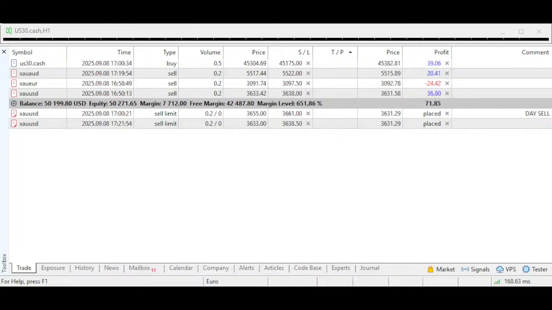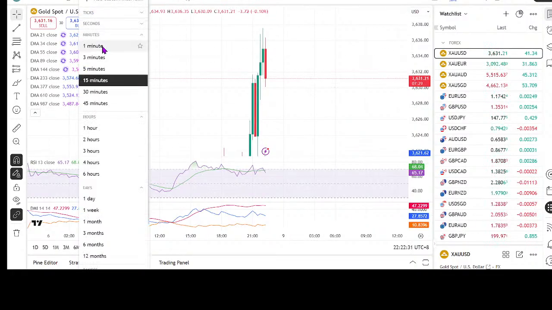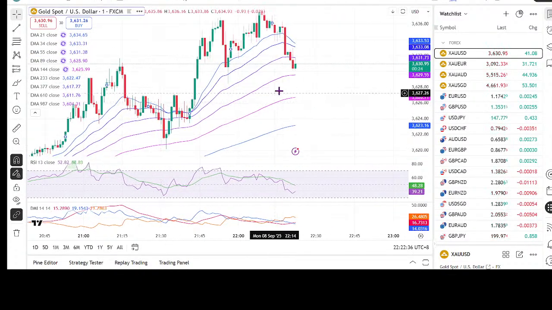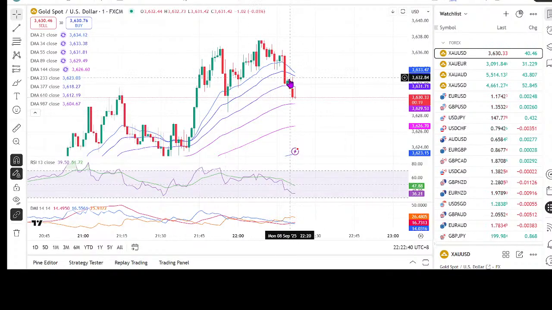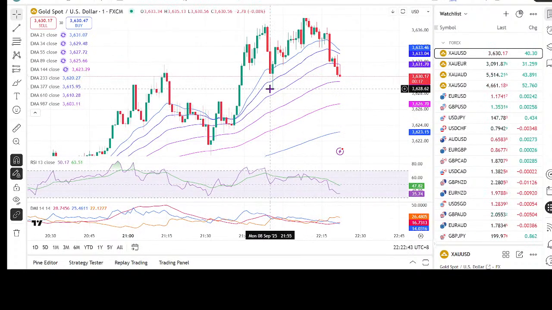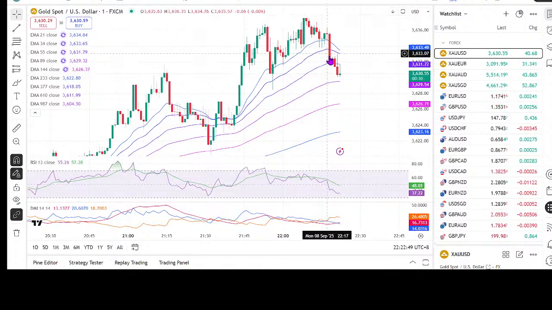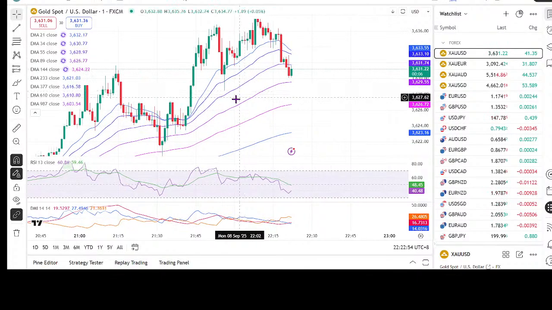If it breaks 28, then for sure we may have seen the high. This level 28. If it breaks 28, we can be pretty sure that this is going to be the high. Then when it bounces back again, we can go for a sell.